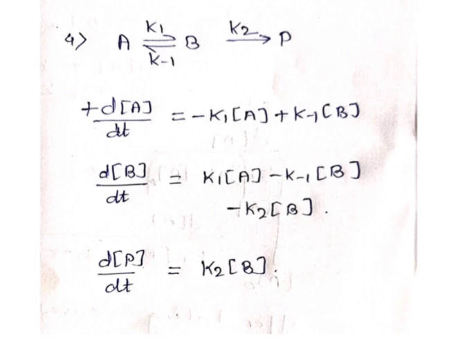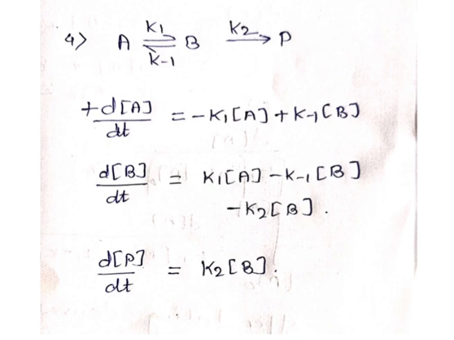So formation rate is plus, by which rate is it going to form? By K-1, and from which species? From B. So this is the rate of change of concentration of A with respect to time, which is equal to minus K1 into concentration of A plus K-1 into concentration of B.